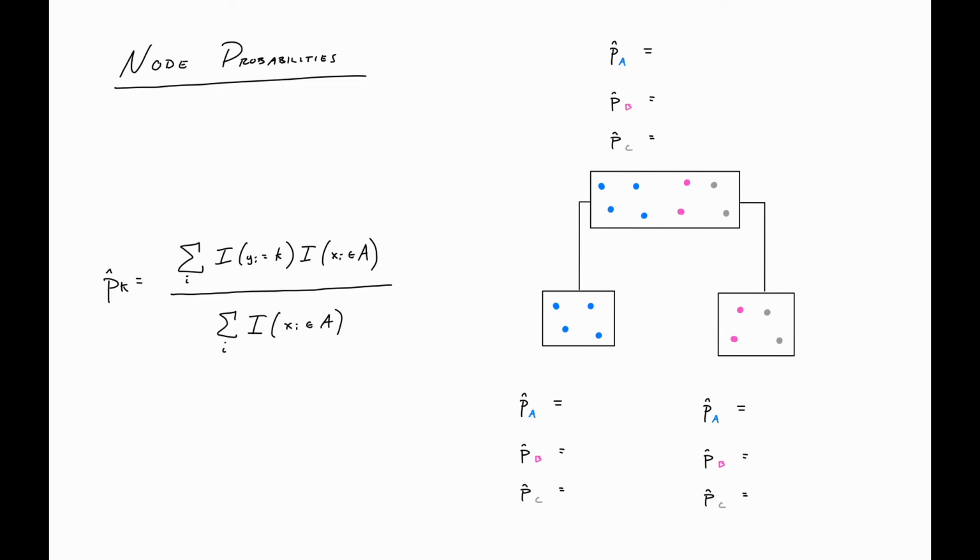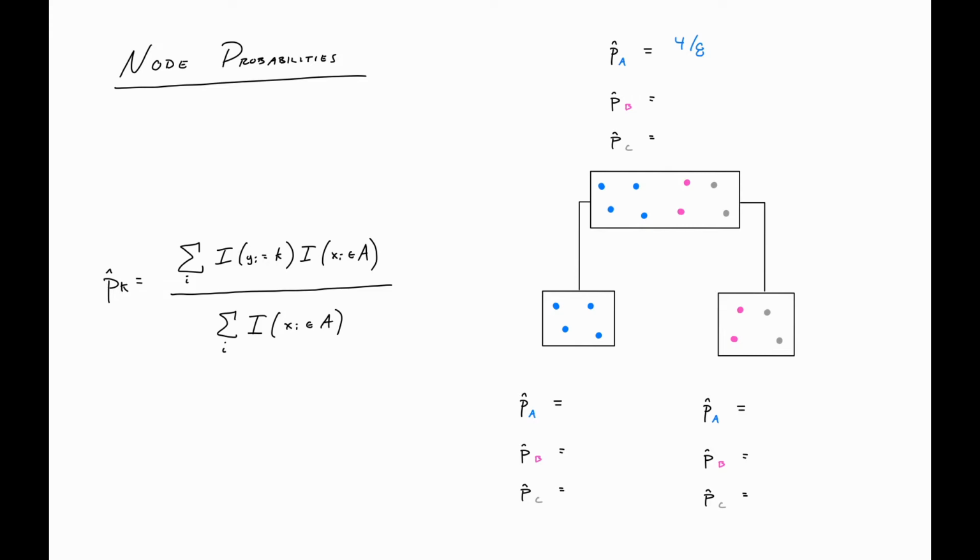All right. So let's be a little bit more specific about some of that, though. Inside the nodes, we could look at the proportions of the different categories. So here I've drawn an arbitrary root node and then 2 splits. So we can talk about the probabilities we would estimate for data that falls into an individual node. In the root node up there, there are 8 observations, 4 of which are blue.